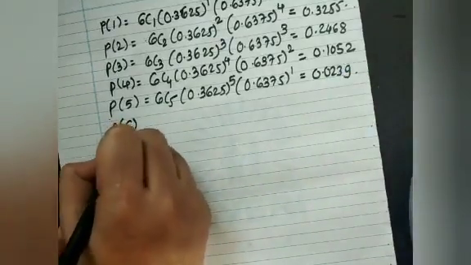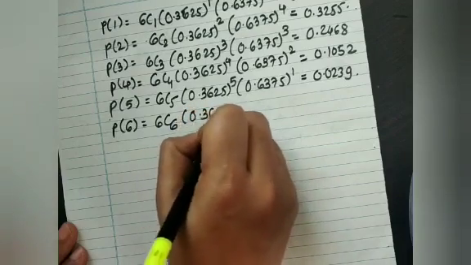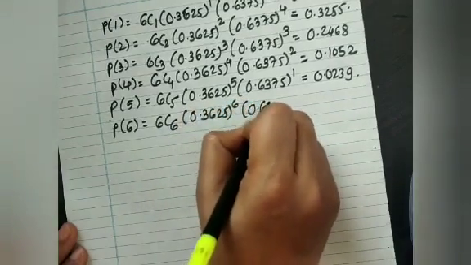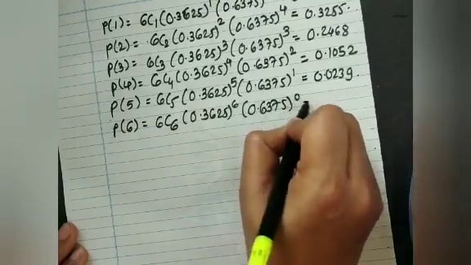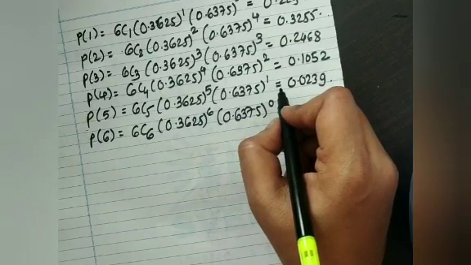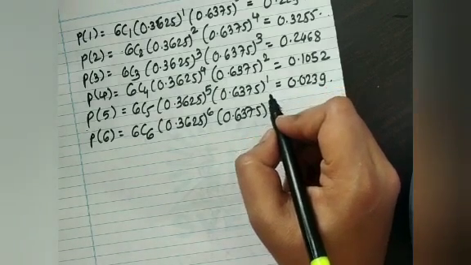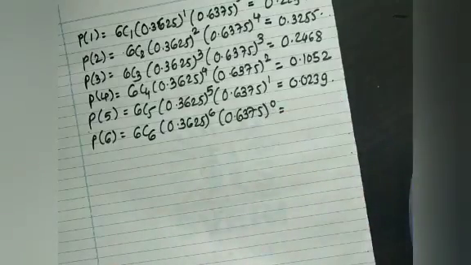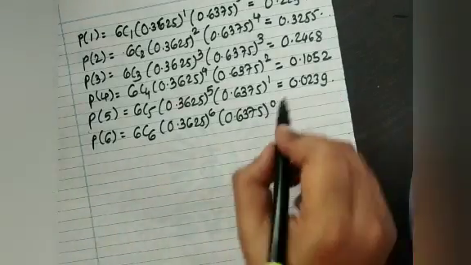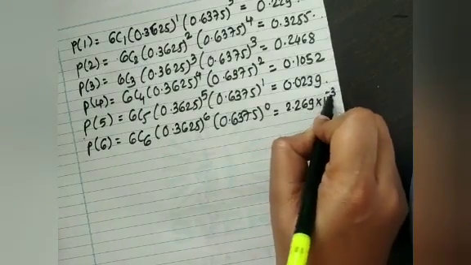And last, probability of 6 is 6c6, and its answer will be 2.269 into 10 raised to minus 3.